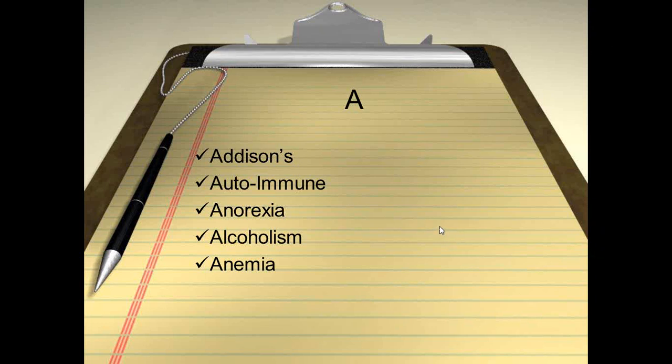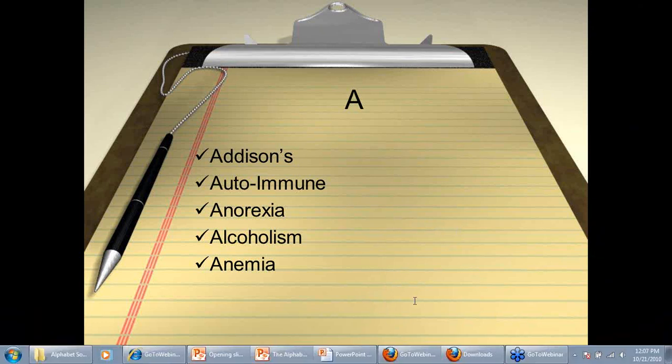As you can see, all the slides are going to look similar to this with different diseases, obviously. The first one we talk about is Addison's disease. Addison's disease is basically a primary adrenal insufficiency. So we go back to 1991 with Dr. Demitrack publishing a study looking at adrenal insufficiency in patients with chronic fatigue syndrome. He at that time did show that there was a cortisol deficiency in patients with CFS.